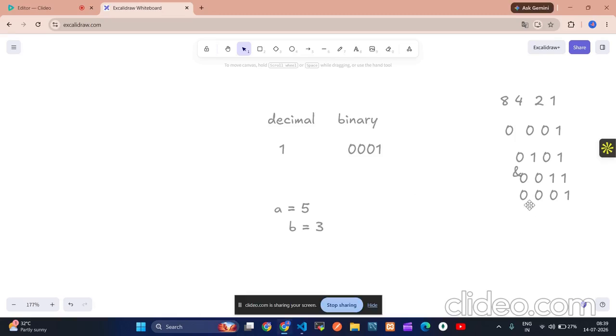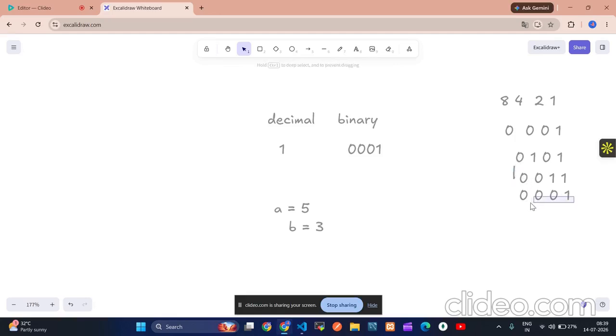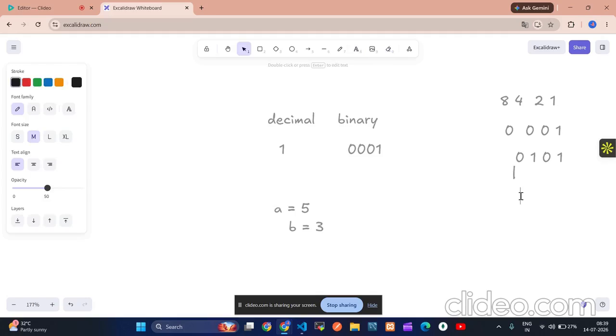For the OR operator, 0101 and 0011. Now what is the answer?